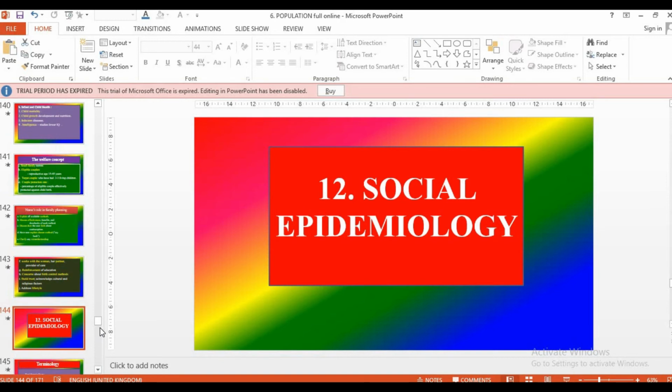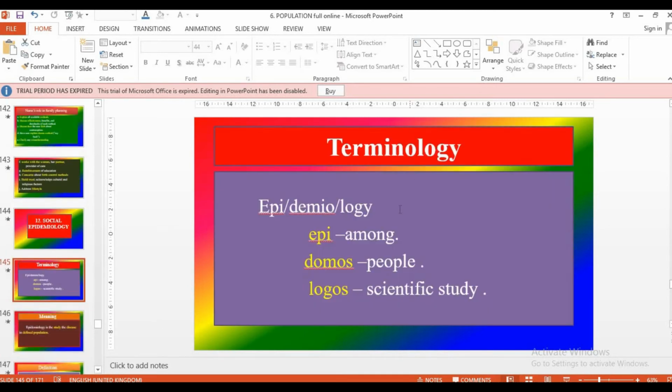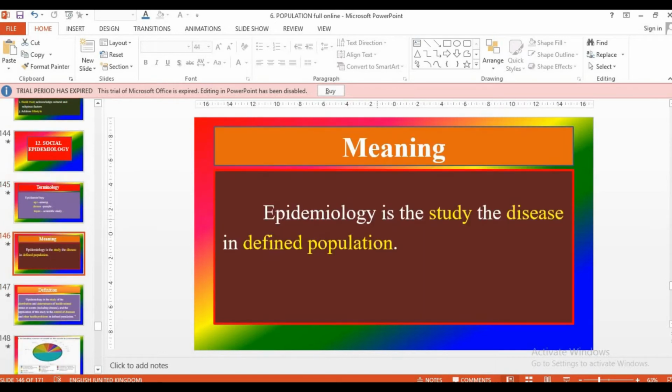Next section, social epidemiology. Epidemiology: epi means among, demos means people, logos means scientific study. Meaning, the study of disease in a defined population.